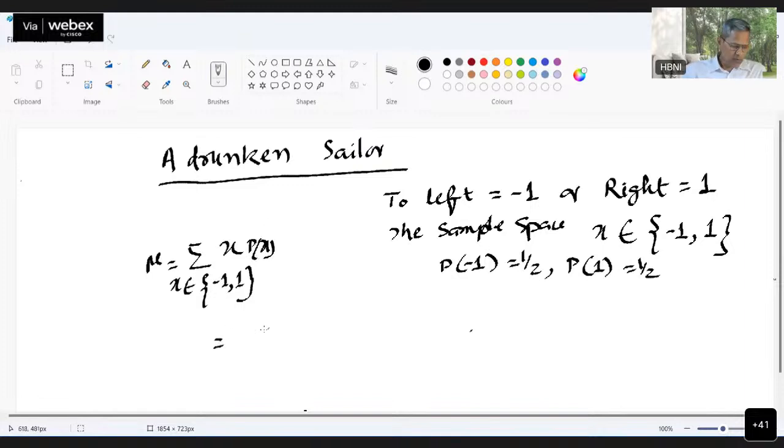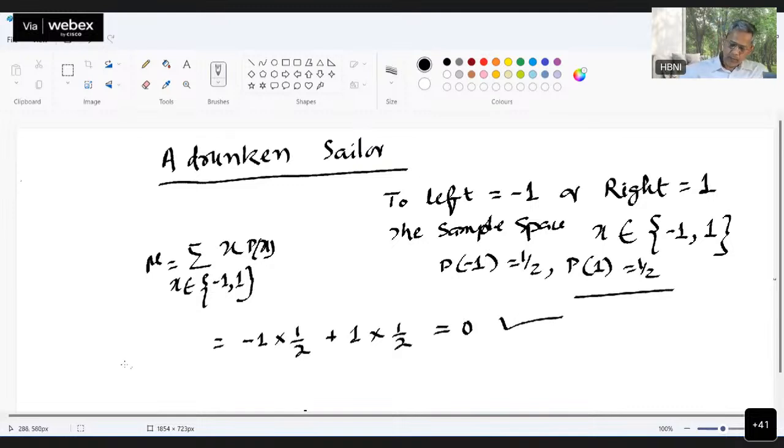So this is equal to: if x is -1, then I write -1 times half, the probability of going -1 being half, plus moving to +1, and the probability of +1 is also half. So my mean is 0. That means if you want to calculate after the first step, it is 0.